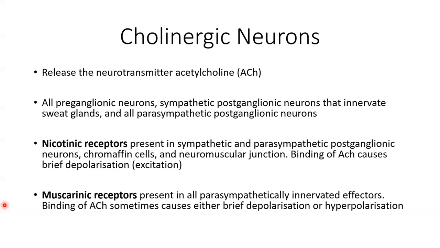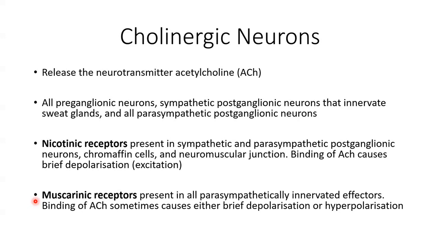Our other type of receptor is our muscarinic receptor. These are found in the plasma membranes, or on the surface, of all of our autonomic effectors that are innervated by our parasympathetic postganglionic neurons, as well as those sympathetically innervated sweat glands. Muscarinic receptors are named muscarinic because a mushroom poison called muscarine mimics the actions of acetylcholine binding to these receptors.